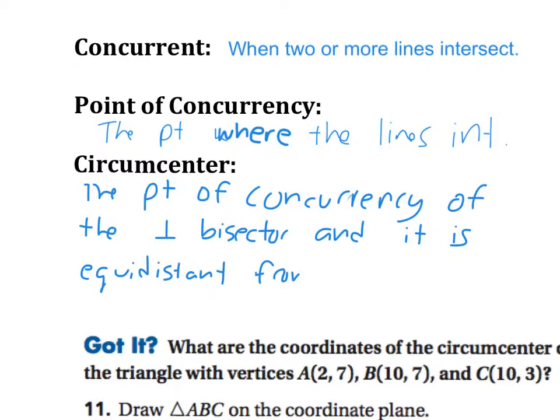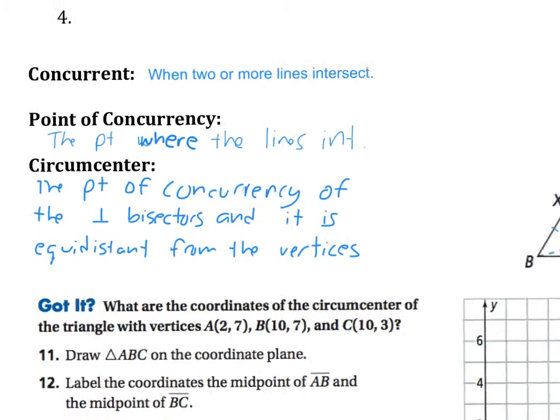Yes, from the vertices. So to say that again, the circumcenter is the point of concurrency of the perpendicular bisectors, and it is equidistant from the vertices.